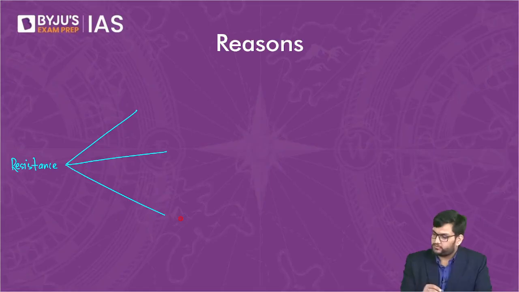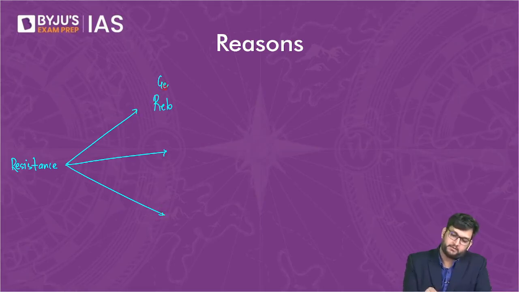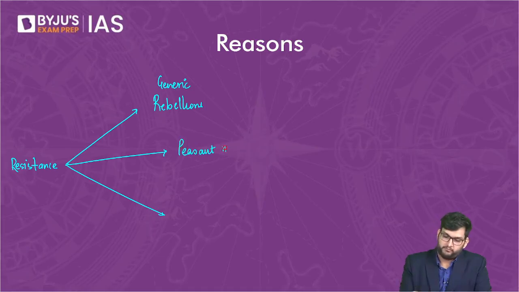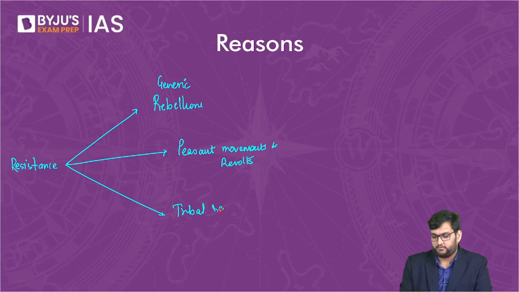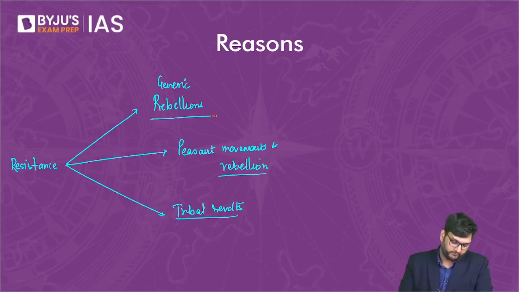First, the concept of generic rebellions, then peasant movements and revolts, and you have tribal revolts. The right word which we can use for peasant is going to also be rebellion, because it's not revolt which they went for.